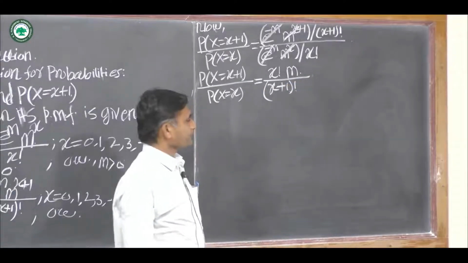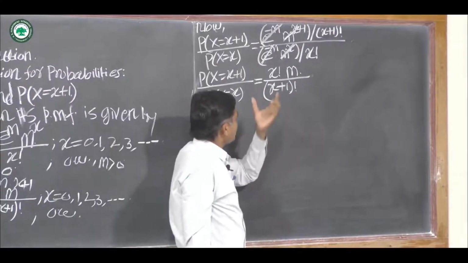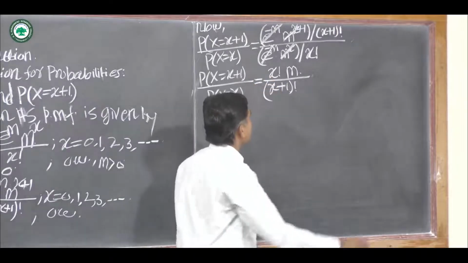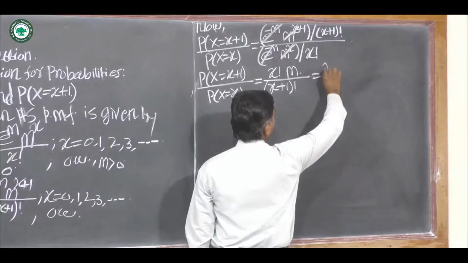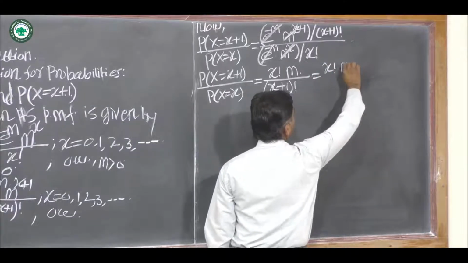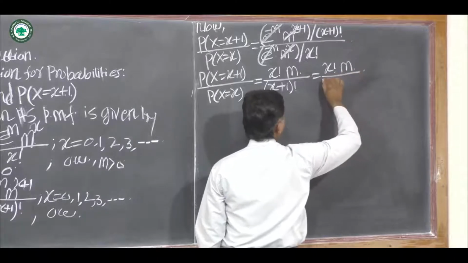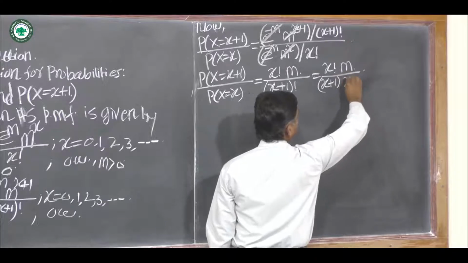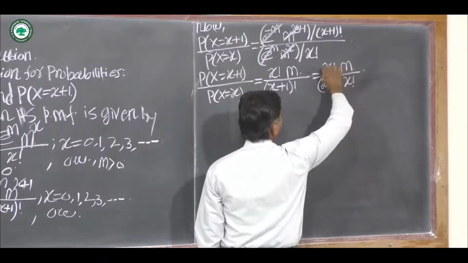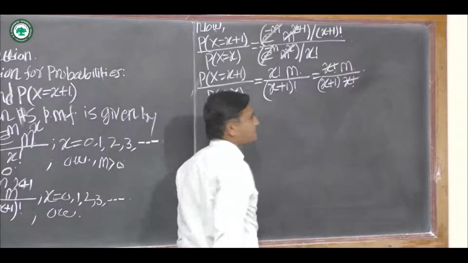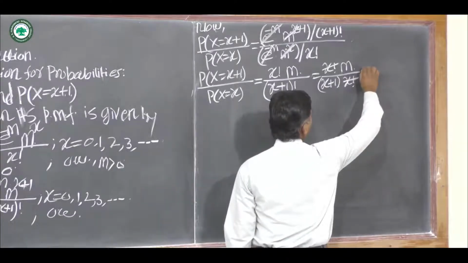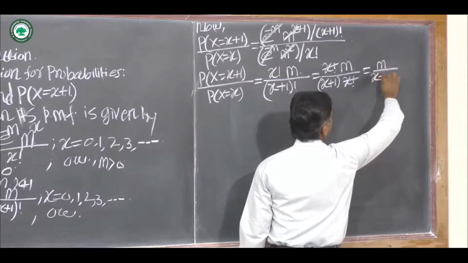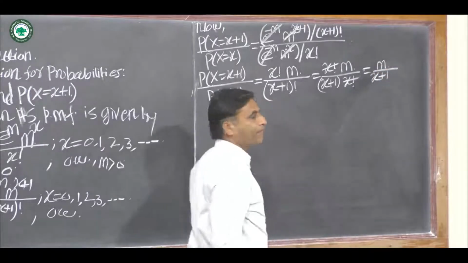Now we convert x plus 1 factorial into x factorial, which is equal to x factorial into m divided by x plus 1 into x factorial. Now x factorial gets cancelled, and which is equal to m upon x plus 1 only.